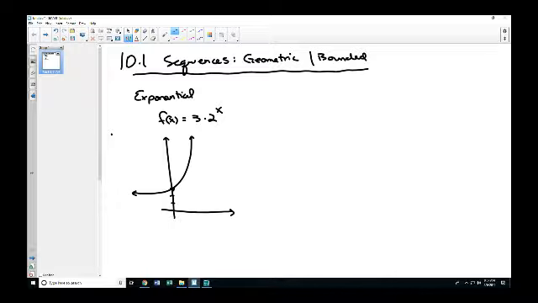Or we could do something like this. Correct? Which is still an exponential, but the value is less than 1 versus the value greater than 1, right?